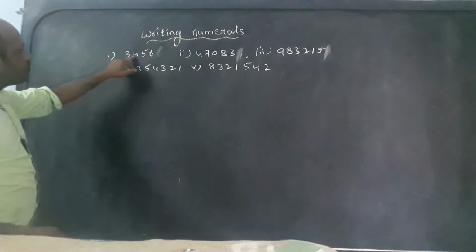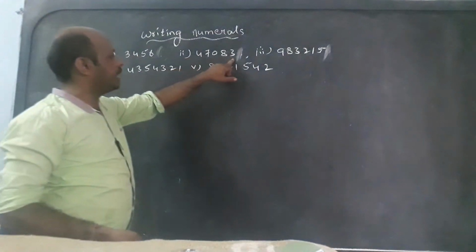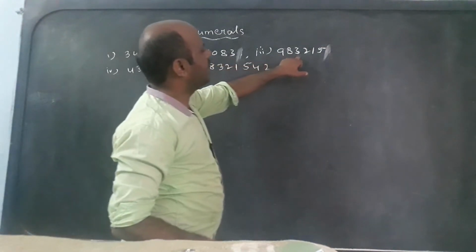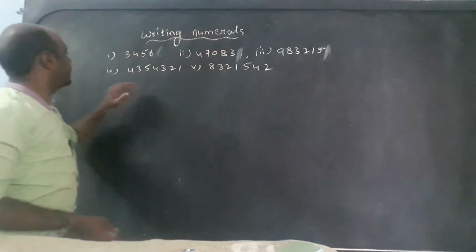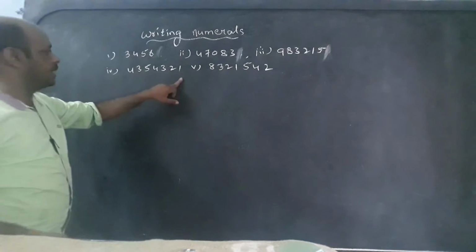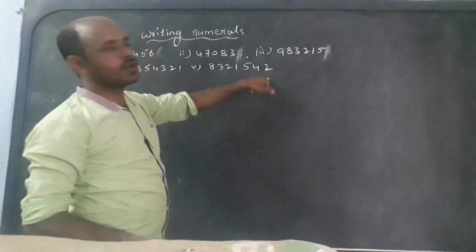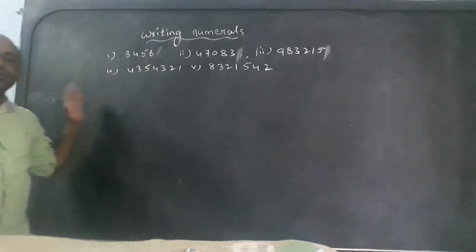First one is 3, 4, 5, 6. Next one 4, 7, 0, 8, 3. Third one 9, 8, 3, 2, 1, 5. The next one 4, 3, 5, 4, 3, 2, 1. Next one 8, 3, 2, 1, 5, 4, 2. See, like this it is given. How to read the numbers?